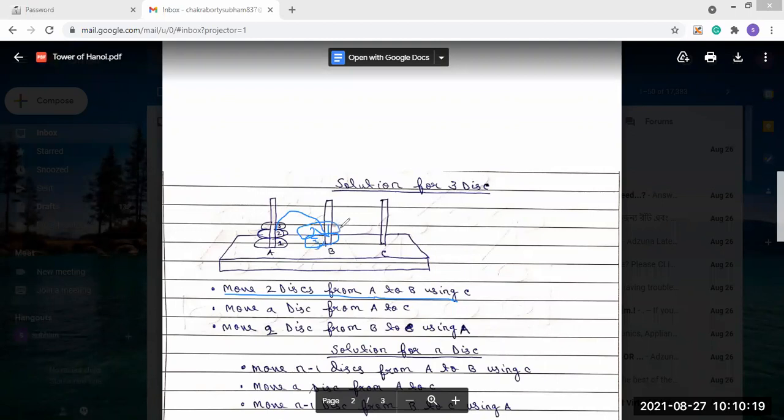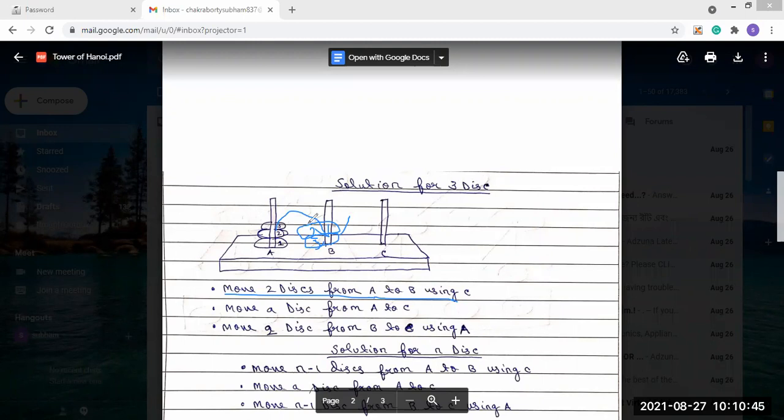So 3 comes first, and over it 2 comes, which violates the rule. But in the case of the auxiliary tower, we don't check that, because we check this rule only on the source and destination towers. The auxiliary is a temporary tower we are using for transferring, so even if the rule is violated there, there is no problem.